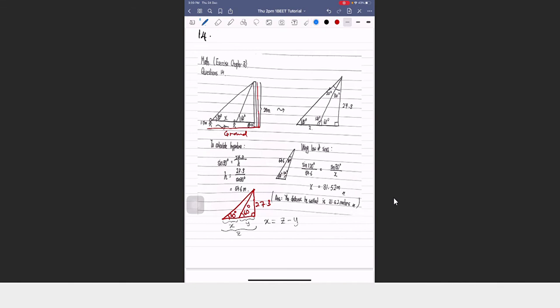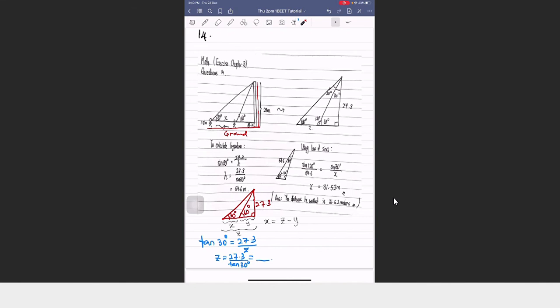So tangent 30 degrees equals 27.3 over Z. So Z equals 27.3 over tangent 30 degrees. So you get one answer. And then look at now this triangle only, the triangle with the 60 degrees angle, to find the Y. So also tangent, but this time tangent 60.